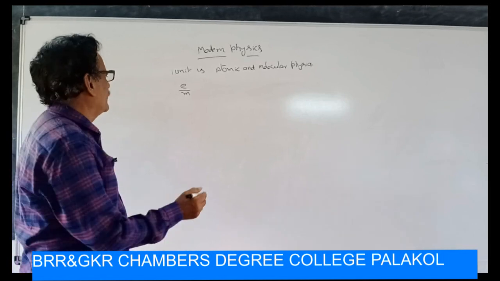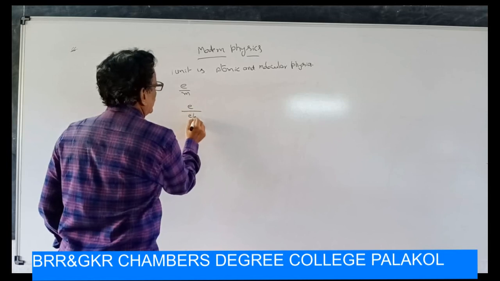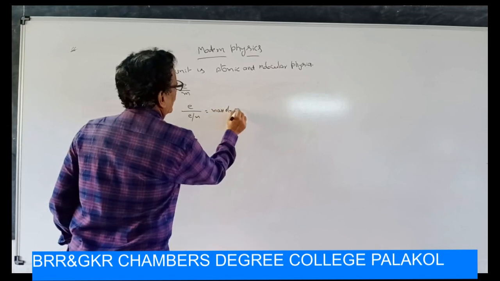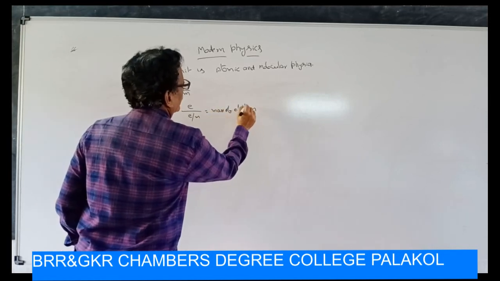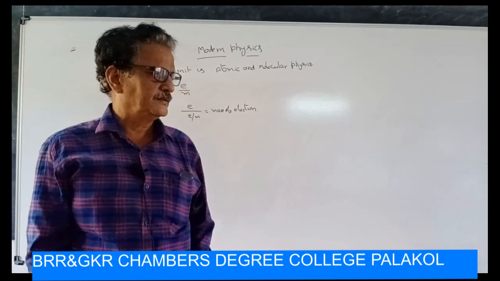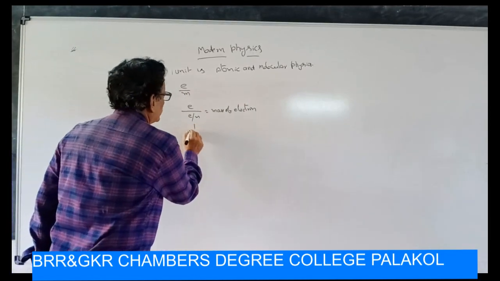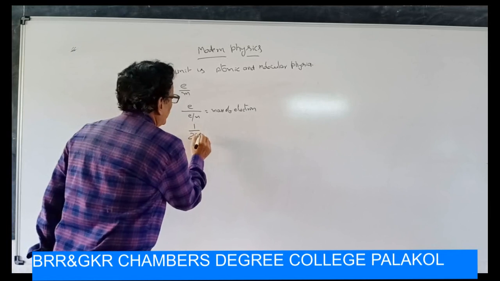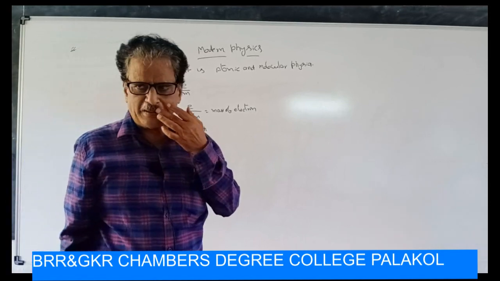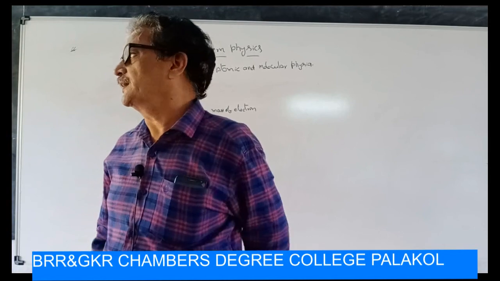So, knowing the value of e and e by m, we can estimate the mass of the electron. It is found that the mass of the electron is only 1 by 2000th of the hydrogen atom. So, the entire mass of the atom is due to the positive charge.